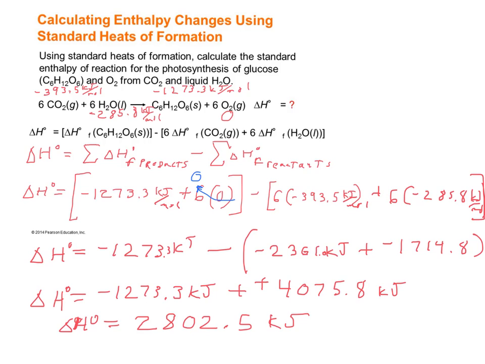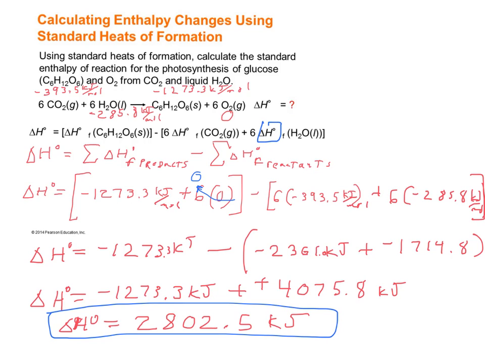I've had a couple questions about units on these questions before, and here's what's happening. First of all, that's our big answer right there, right? All of our enthalpies of formation have units of kilojoules per mole.